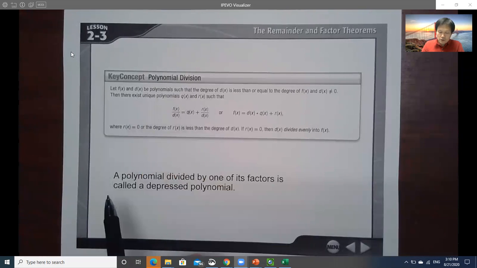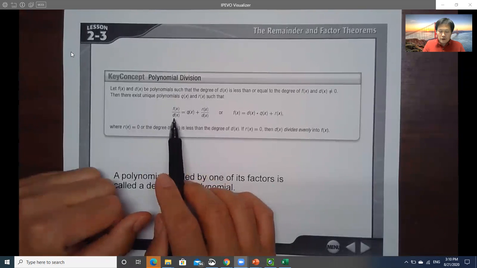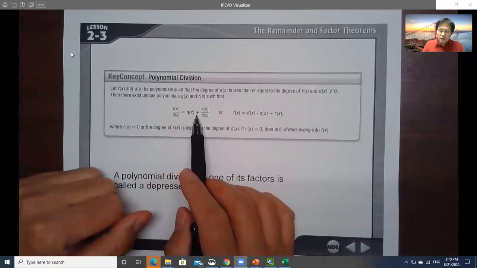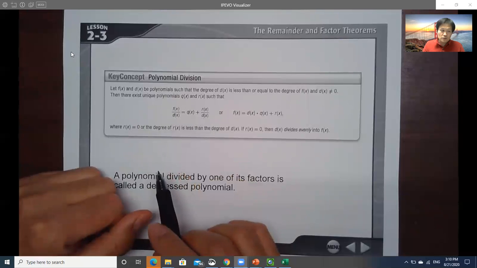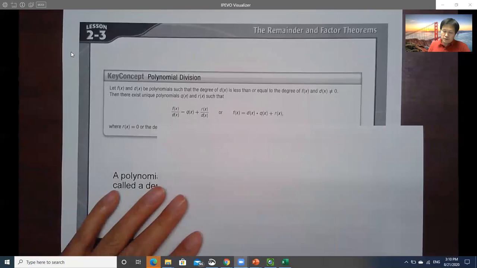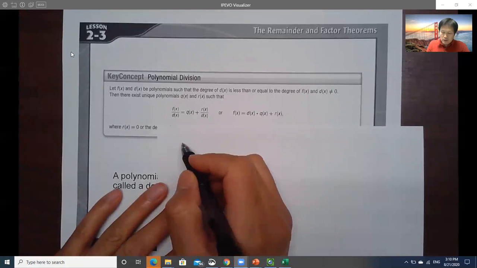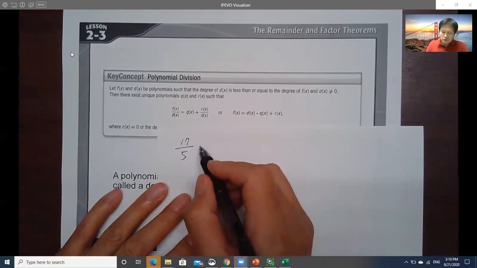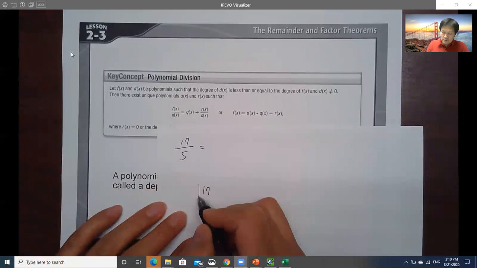So polynomial division, if you divide f by d, you can express it as a quotient plus remainder over divisor. You already know this. Let's say you do 17 divided by 5.